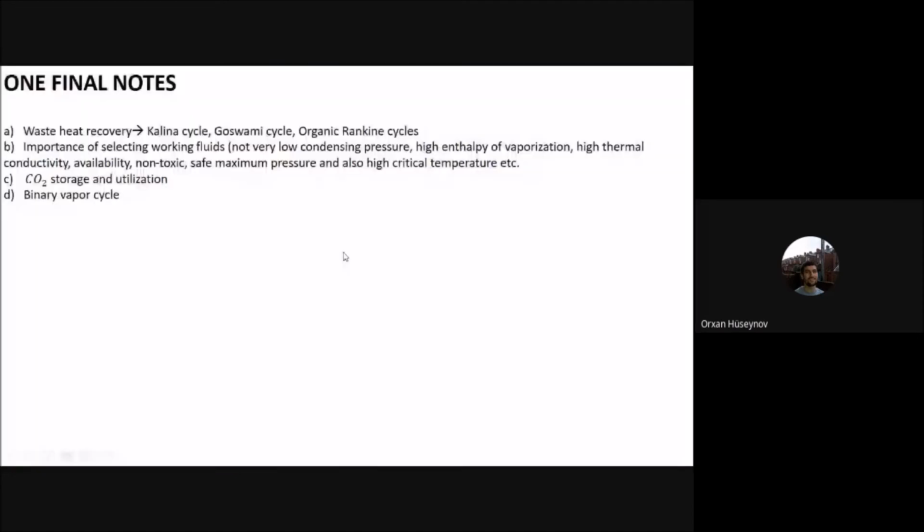One final notice is that we are using the Rankine cycle for waste heat recovery here. In power plants, we have waste heat, and to recover that waste heat, we can use different cycles, like the Kalina cycle, the Goswami cycle, and the organic Rankine cycle. What are those? Let's assume that inside your power plant, you have some waste heat.